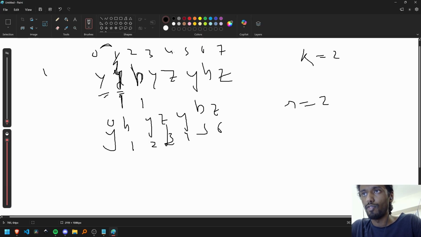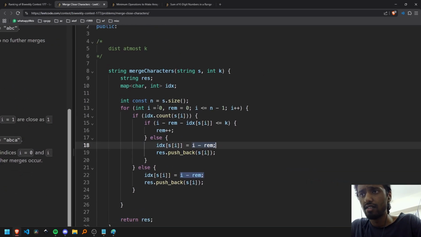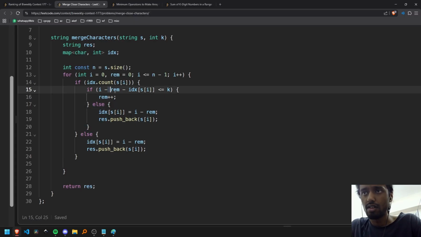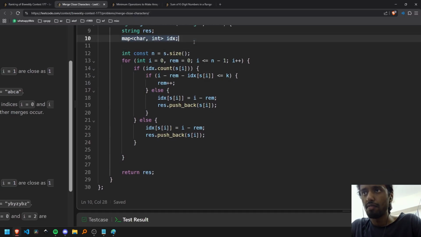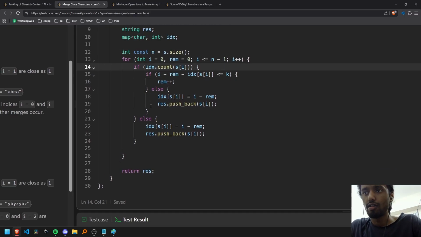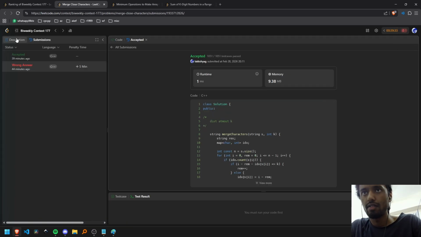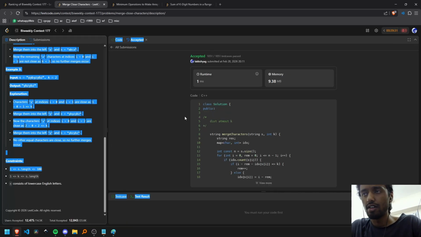So from 4 this will become 2, which would be the correct index, since if this were removed and this were to be shifted here again. I hope you can understand this is a sort of lazy idea. I am tracking the actual removed index using this rem, and the map is the latest occurrence of every character. And this solution is O of 1 per step, which is very fast, considering the input was 100.